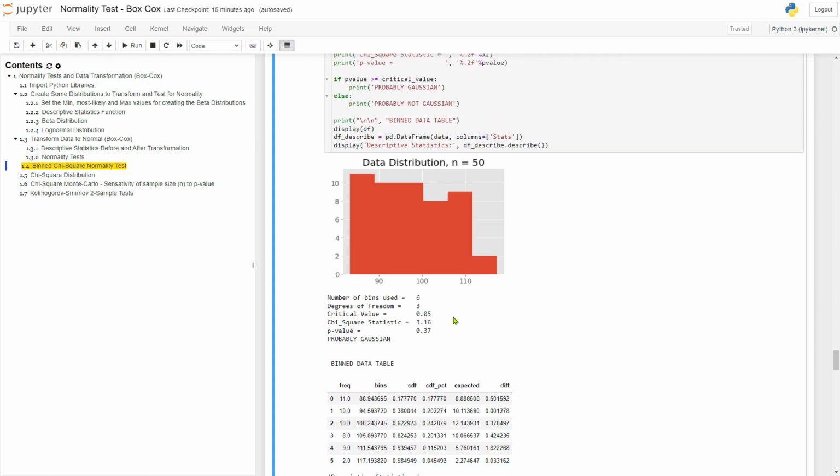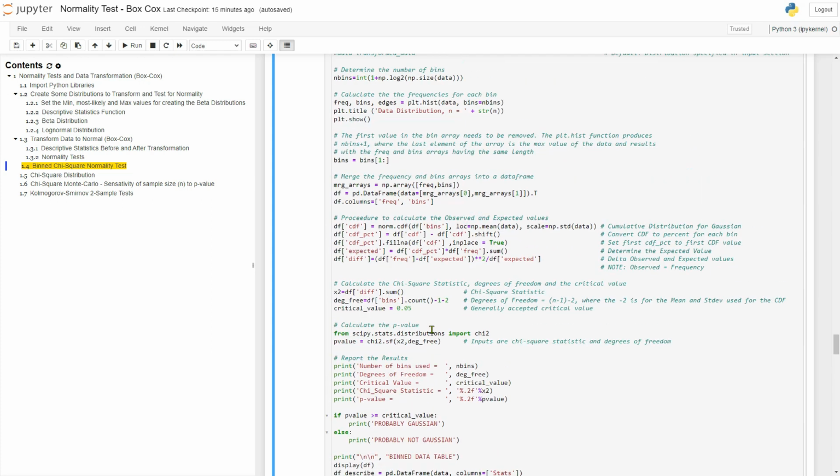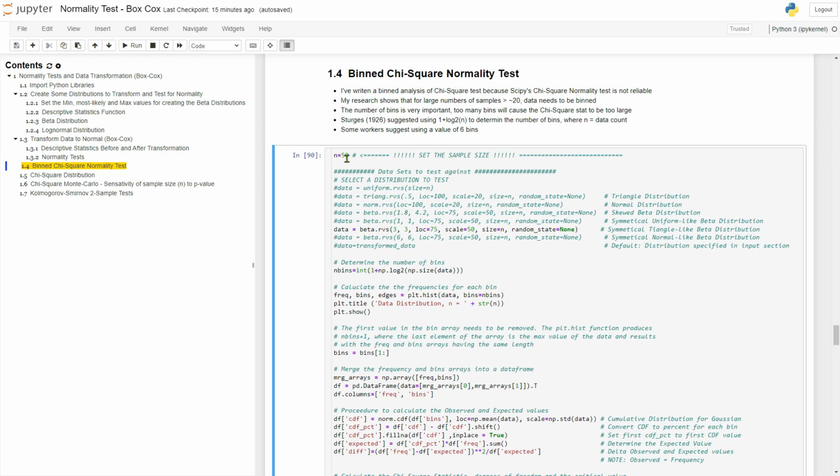And then we run the p-value on this, and if we see a p-value smaller than 0.05, then it would not be normal. But here the p-value is greater than 0.05, so it's probably Gaussian. Let's redo this analysis, but let's change the number of samples to 5,000. And it should say that it's not Gaussian.